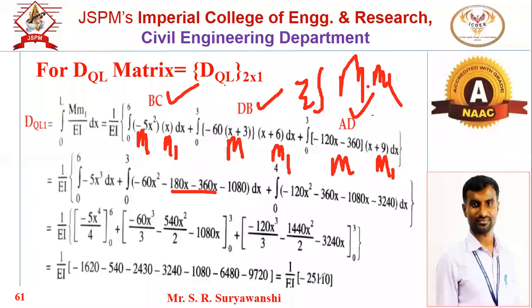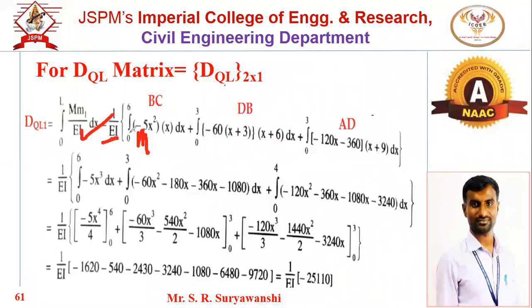And the answer for this is minus 25110 divided by EI, because in the formula there is a divided by EI term. Clear? So if your calci is ES plus, then you can put all the equations as they are, if it is an advanced one. Or else if you are having MS 991, simplify this into a single equation like this, then perform the integration.